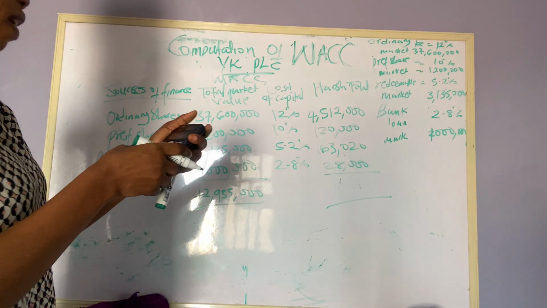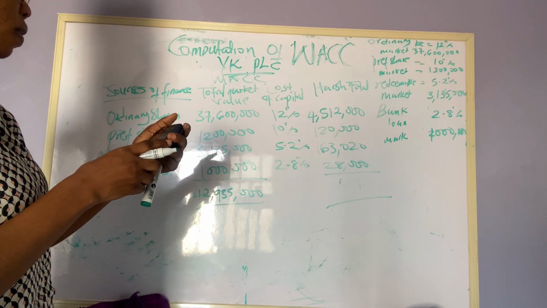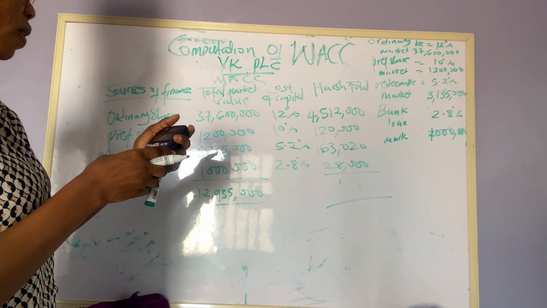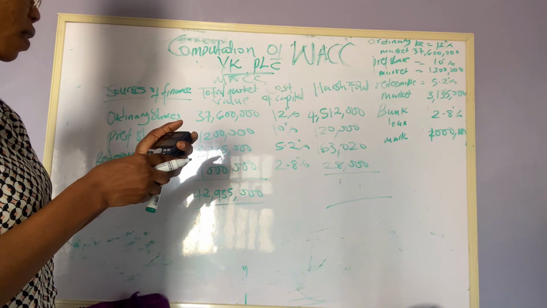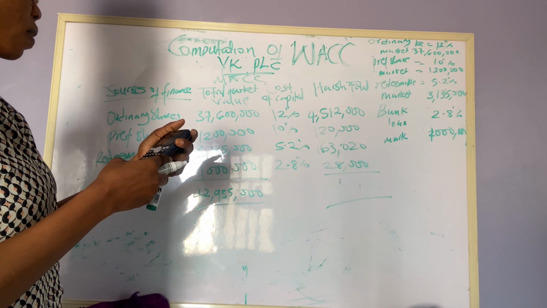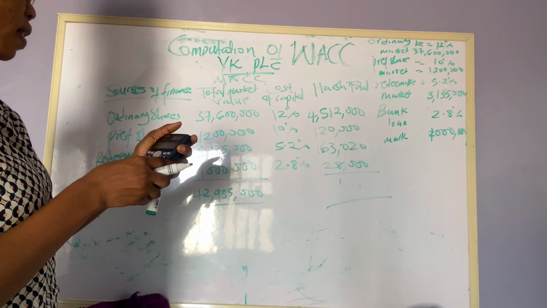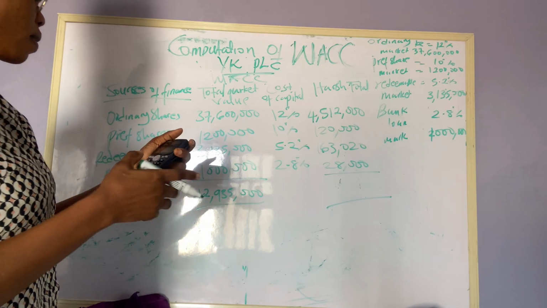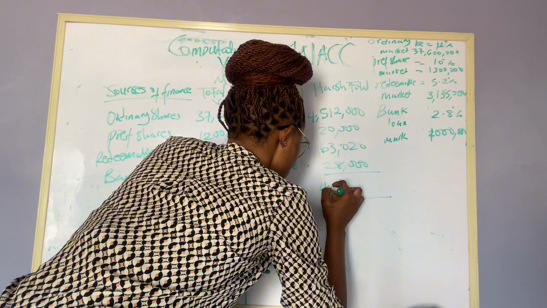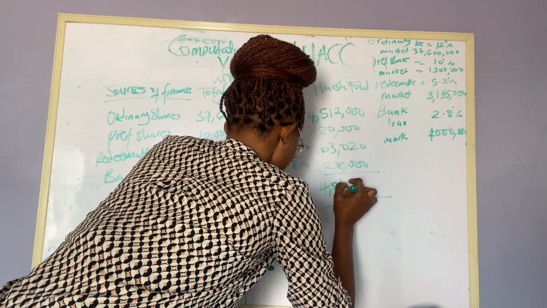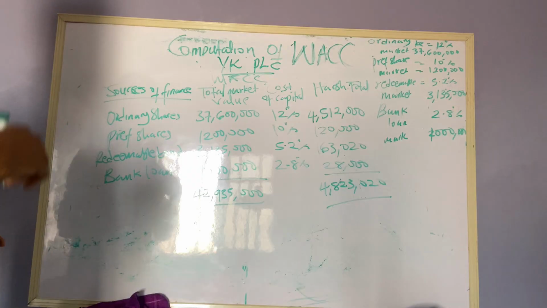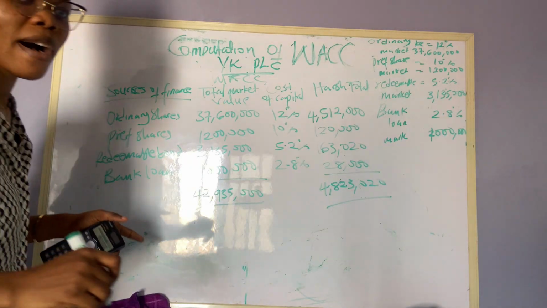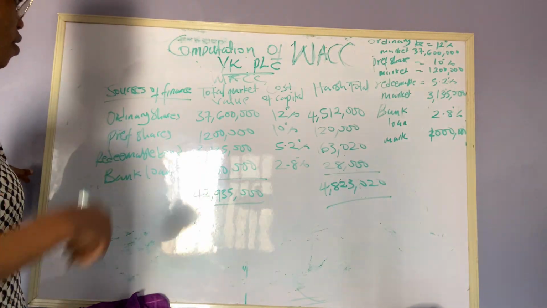For the hash total, we have 4,512,000 plus 120,000 plus 163,020 plus 28,000. This gives us 4,823,020.